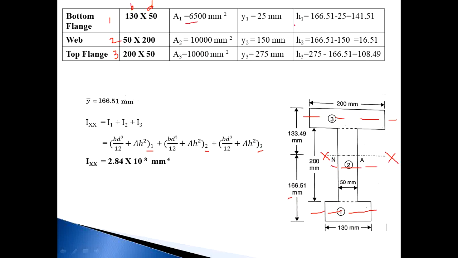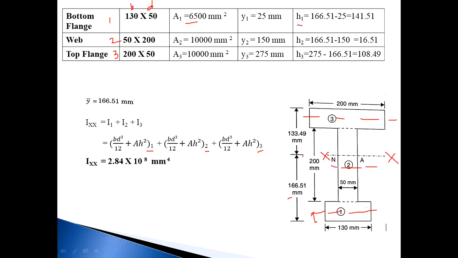Now one more thing is how to calculate H1, H2 and H3. H1, H2, H3 is nothing but the difference between the x-axis for section number 1 and the final x-axis for the composite section. Suppose this is the x-axis for section number 1, that is y1 25 mm.